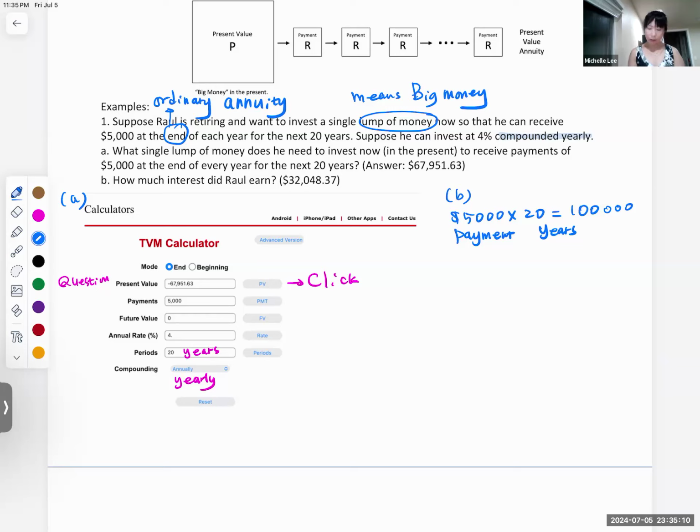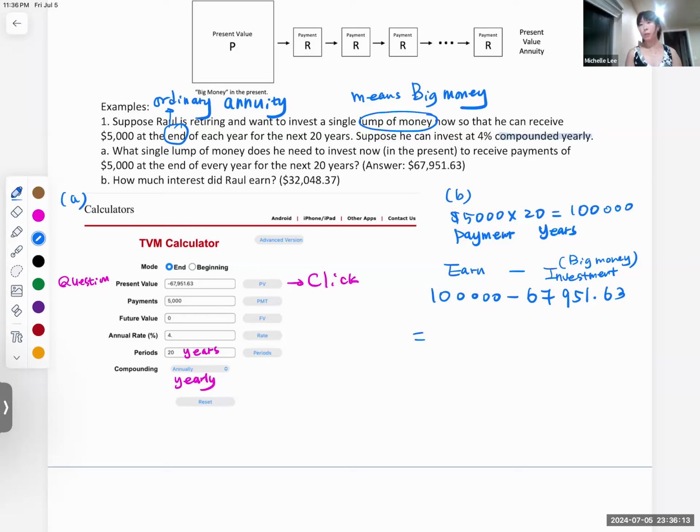So we have $10,000, and then he put in the lump of money, the big money, which is 67,951.63. So basically, this is the investment, the big money, and this is what he earned.